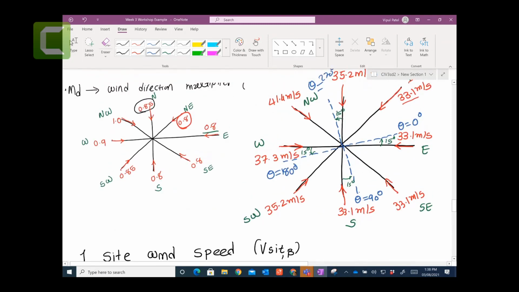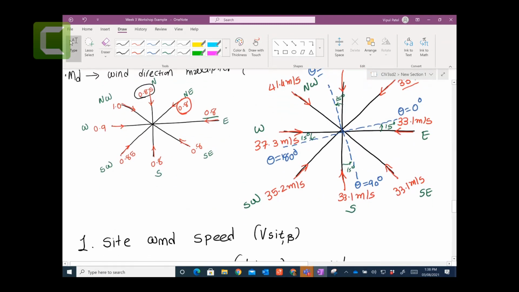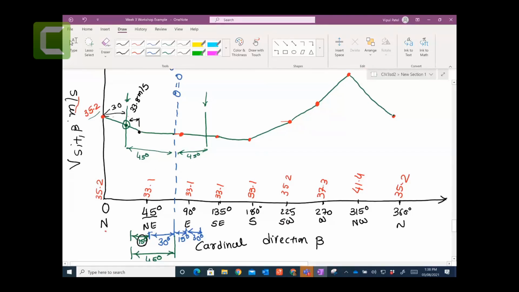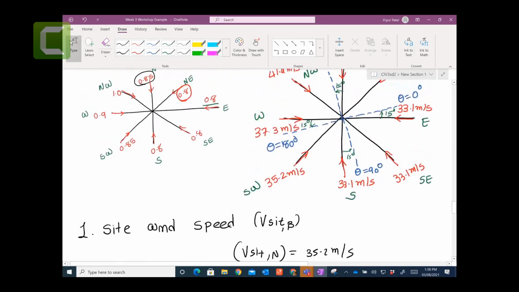So you have the blue line sitting between south and southeast, measuring south 15 degree, theta equal to 90 degree and measuring 15 degree from south, right?